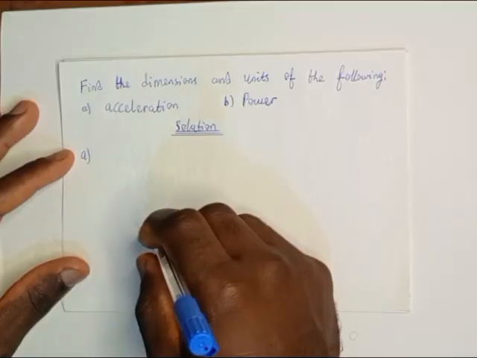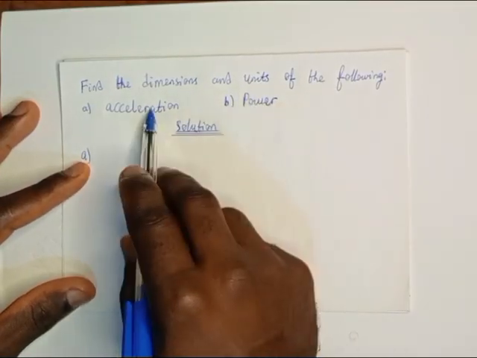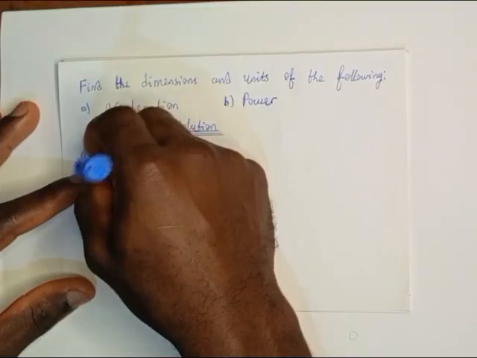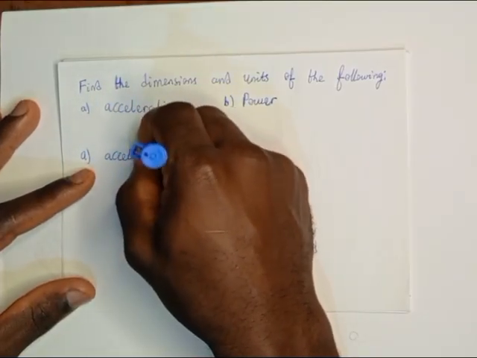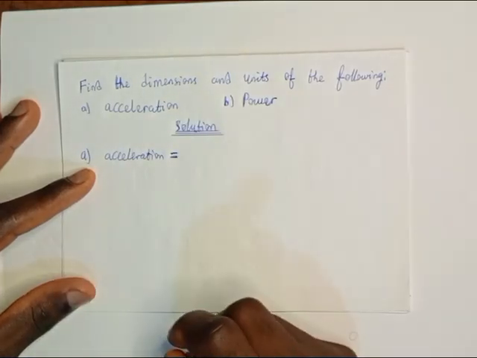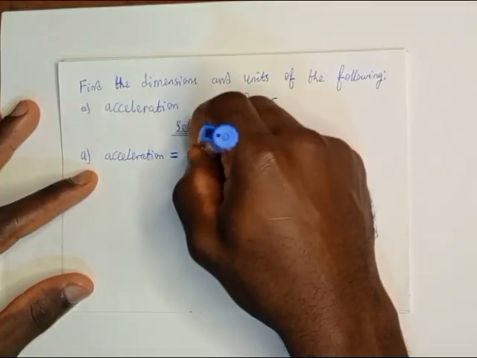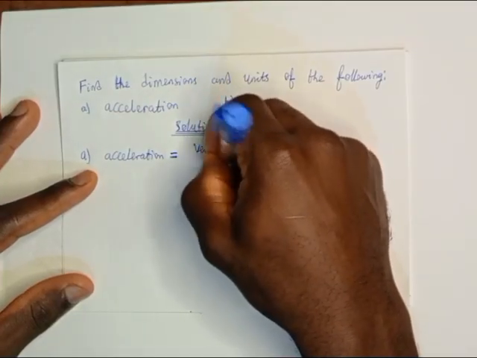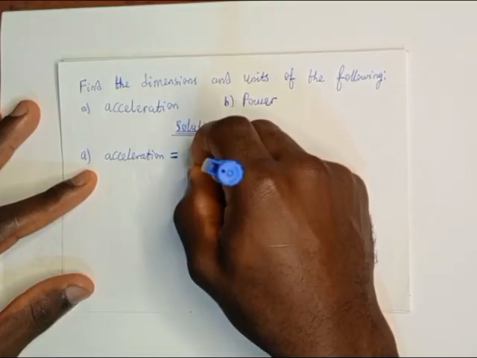Question A, we have to find the dimensions and units of acceleration. We know acceleration is simply equal to the rate of change of velocity, which is velocity all over the time.